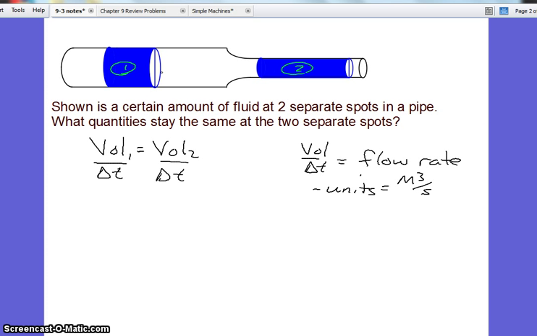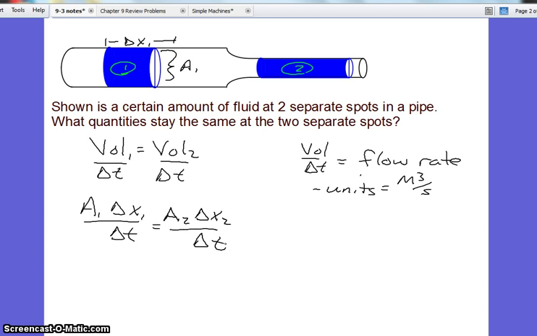Now, the volume of this section of fluid is equal to the cross-sectional area times its length. And so I'm going to replace volume with area times the length, still divided by the time, and replace the second volume with area times the length, and again still divided by the time.